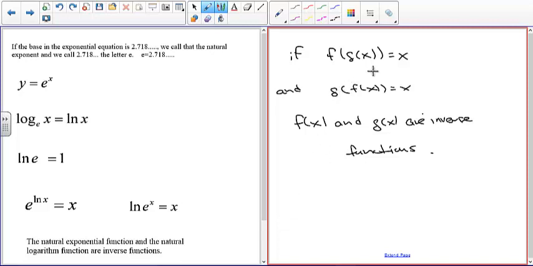And we use this concept to solve logarithmic and exponential equations where we have x as an unknown. We're trying to figure out what value of x satisfies the logarithmic or the exponential function.